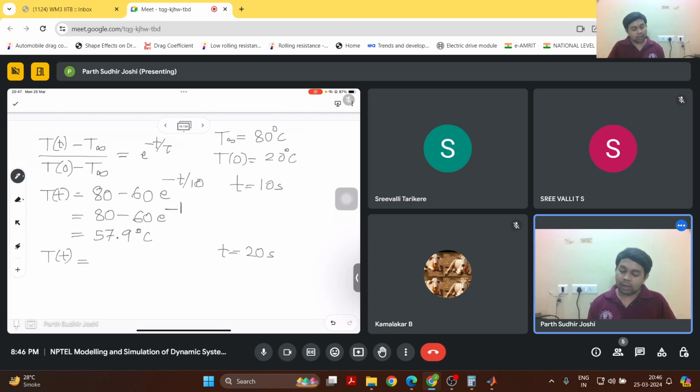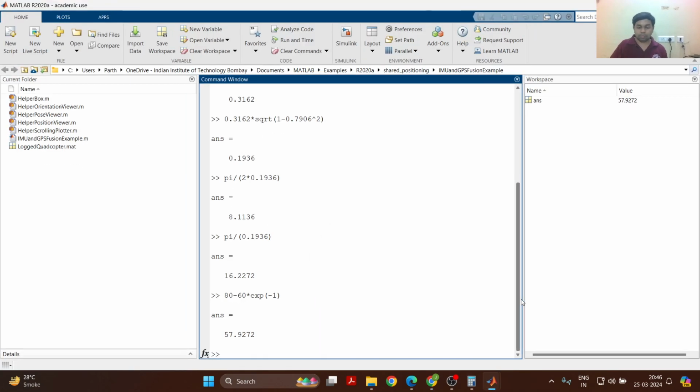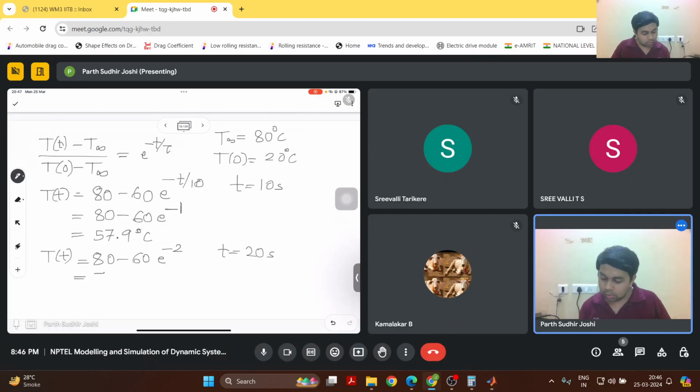And then at t equal to 20 seconds, it will be 80 minus 60 into e to the power minus 20 by 10, so e to the power minus 2. So it will be 71.8 degrees Celsius. Yes, you're right, it's about 71.8 degrees Celsius.